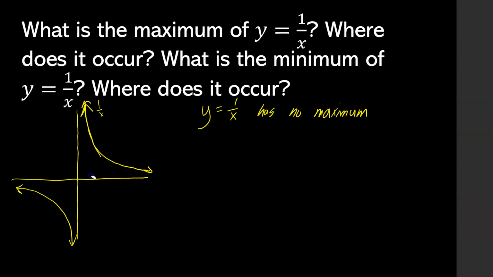What about a minimum? Well, y equals 1 over x also has no minimum. To the left of 0, 1 over x drops to negative infinity.